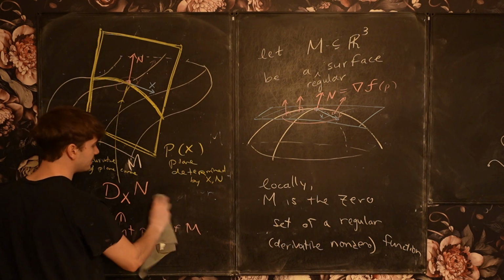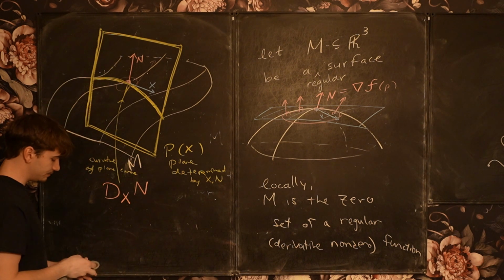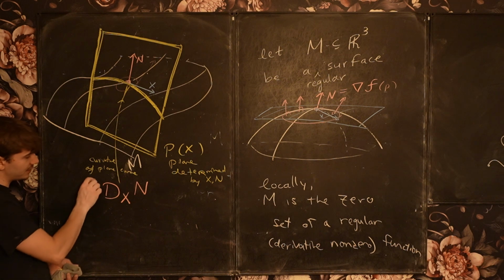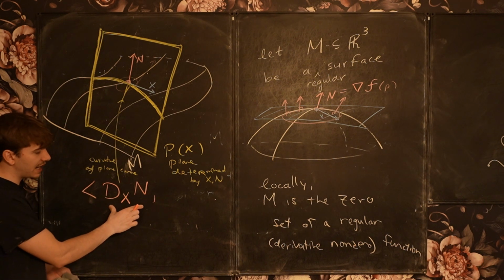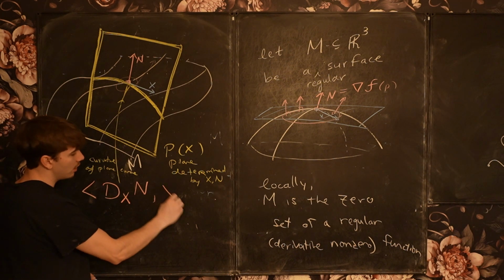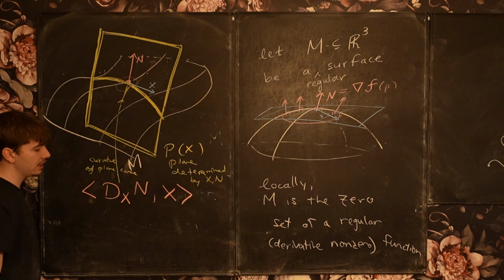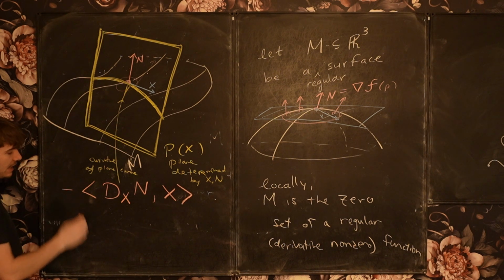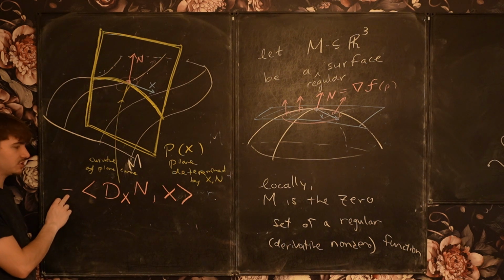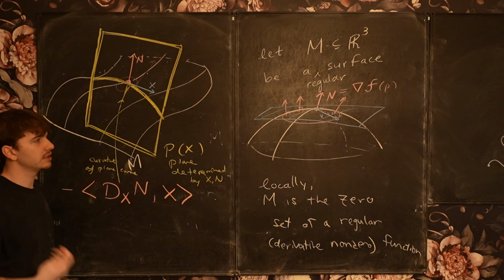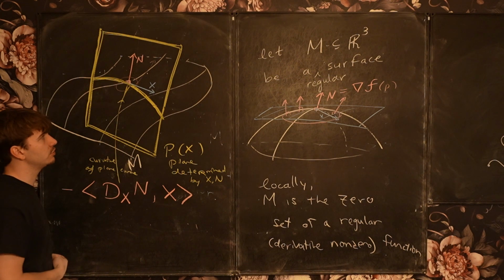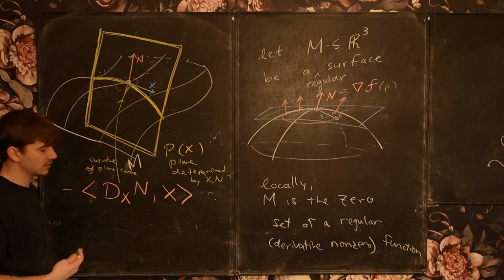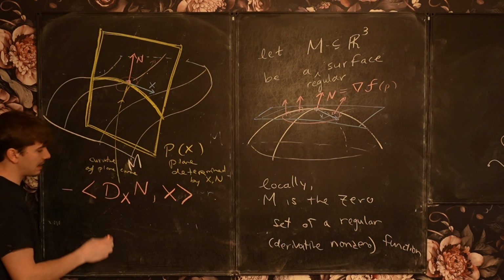If I measure the projection of this directional derivative onto the direction x, with maybe a minus sign added here, the minus sign is just a convention that doesn't actually change the geometry of what's happening here.